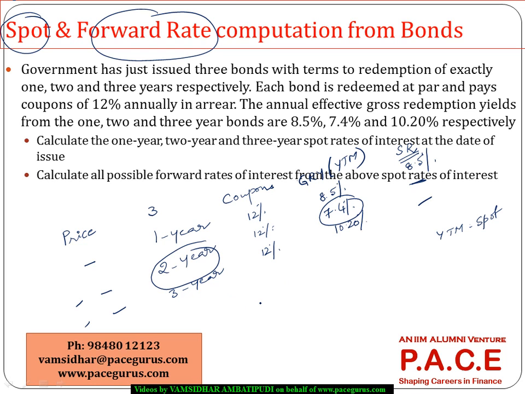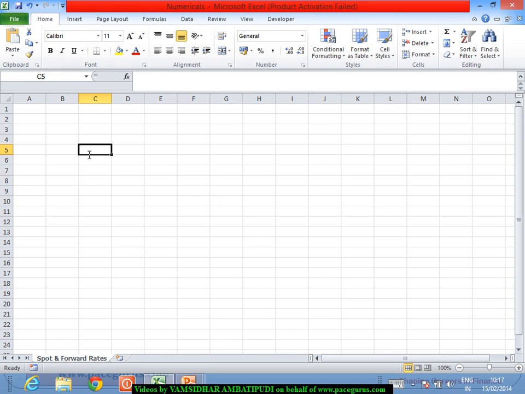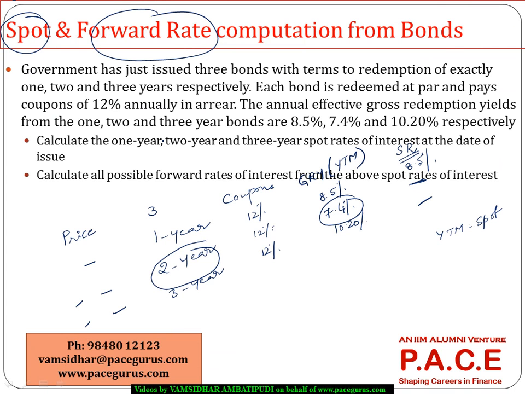We can put the same into a spreadsheet to start with. So we have the scenario of a 1-year bond, a 2-year bond, and a 3-year bond. The maturity periods obviously are 1 year, 2 years, and 3 years.